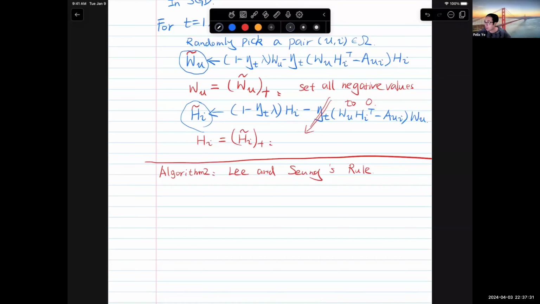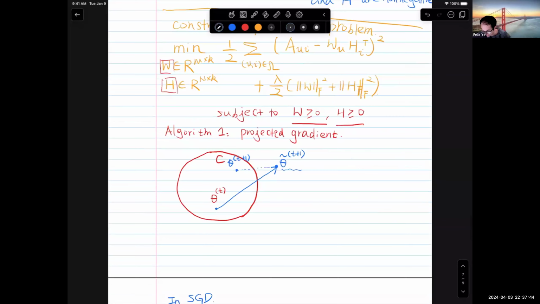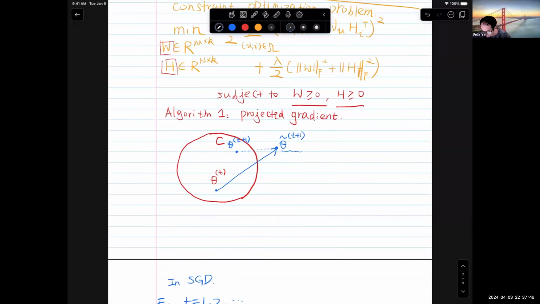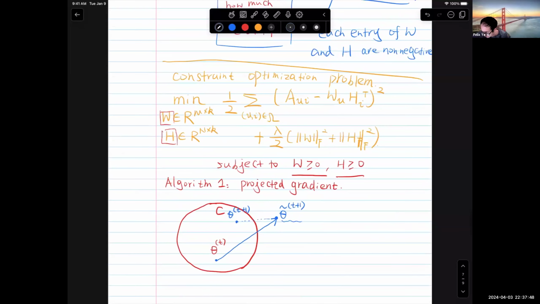So in Lee and Seung, that optimization problem is slightly different. It doesn't have that half here. So it will be as follows. This is being replaced in the following equivalent matrix form.